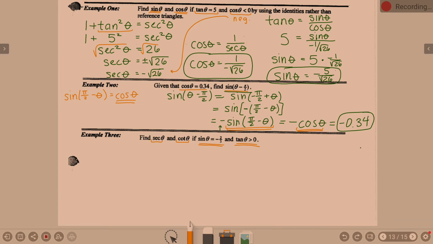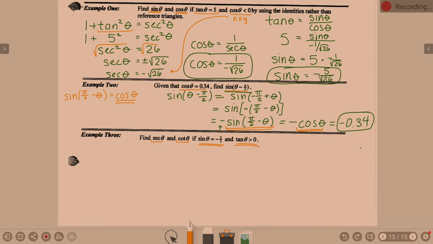So Hannah suggested that we know sine. I would agree, if we know sine, we can say we know cosecant. And so then she suggested we go with the Pythagorean identity that connects cosecant and cotangent, the bottom one. Is that what you were saying? Mm-hmm. Okay.